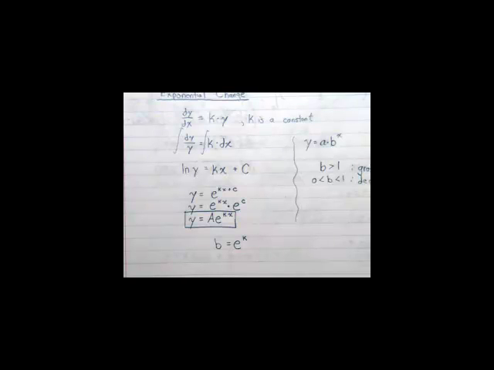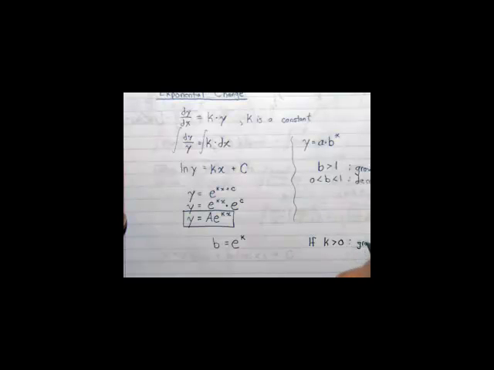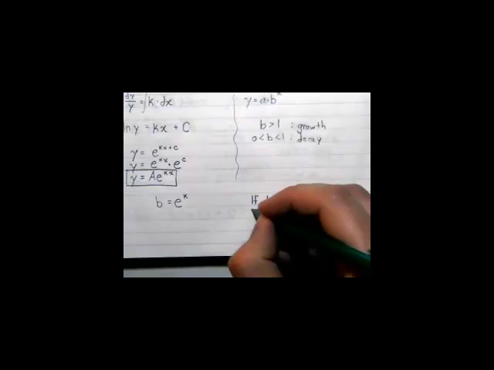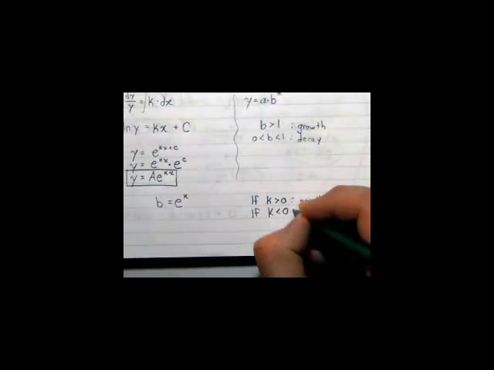Positive. So whether k is positive or negative affects whether it's a growth or a decay, right? So if k is greater than 0, growth. And if k is less than 0, decay.